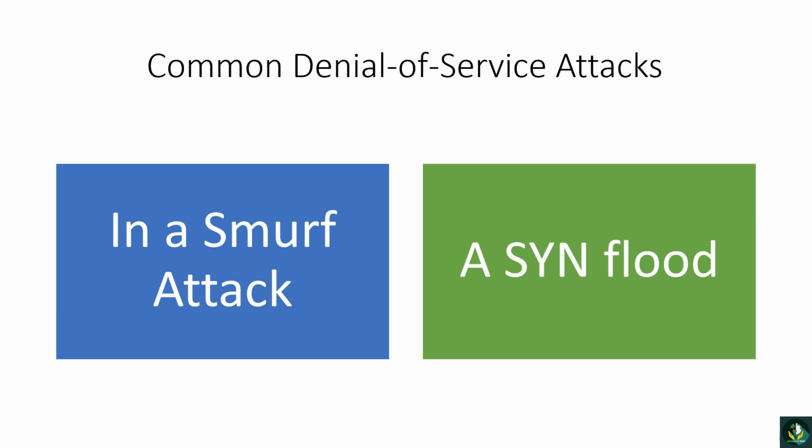So, what are the common denial of service attacks? There are many different methods of carrying out a DoS attack. The most common method occurs when an attacker floods a network server with traffic.